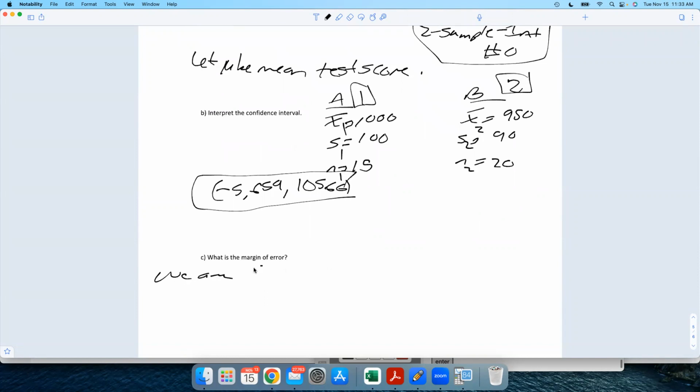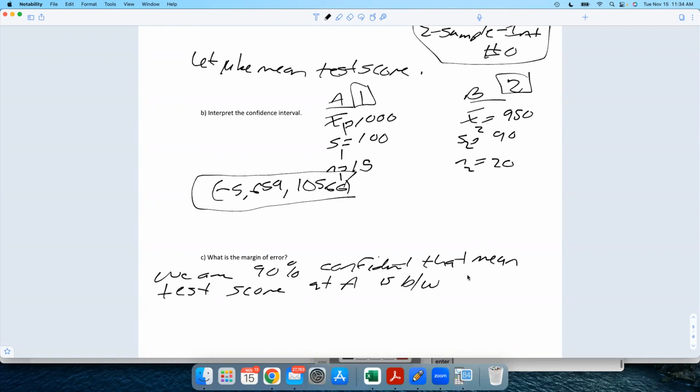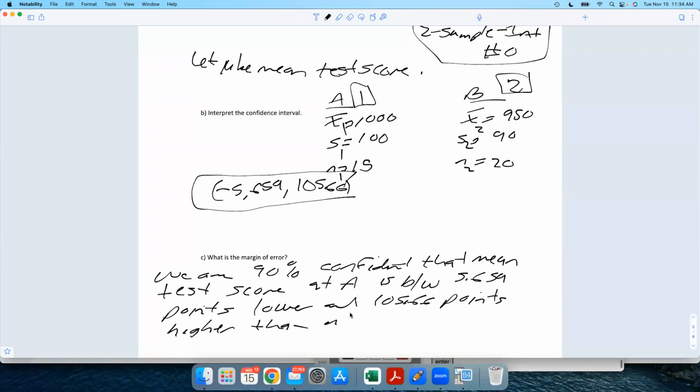So we are 90% confident the mean test score at A is between 5.659 points lower, negative higher means lower, and 105.66 points higher than at B.